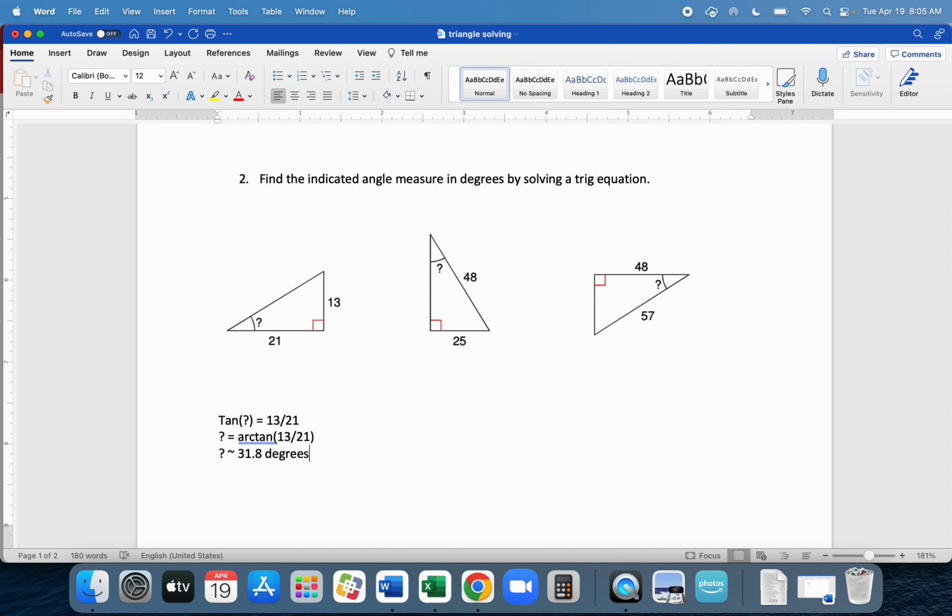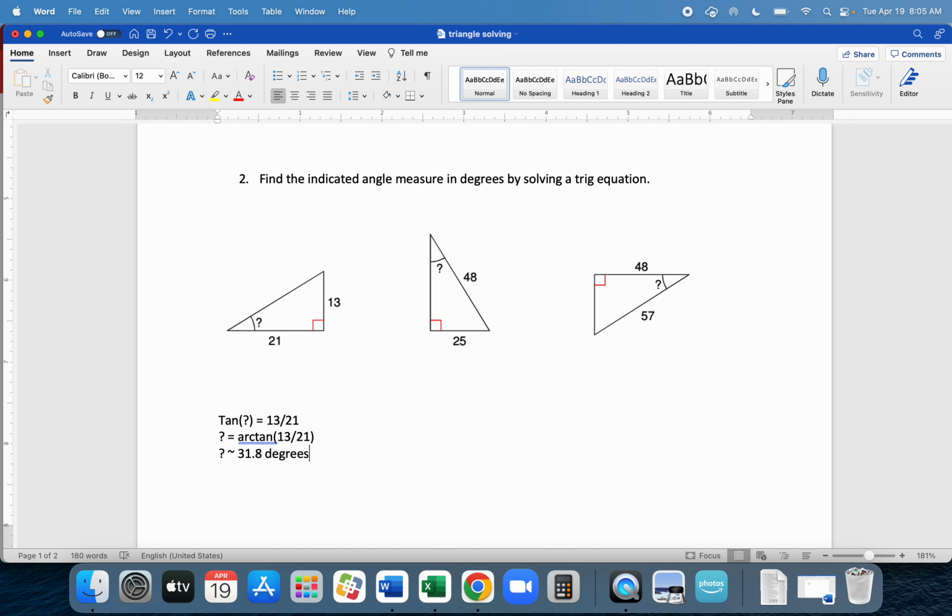And the last question here, again, if you imagine that angle at the x-axis, or at the origin, and the hypotenuse is the radius, so just imagine maybe flip this over that side that's length 48, and it would be in that standard position.